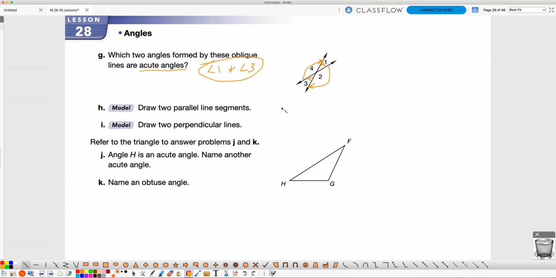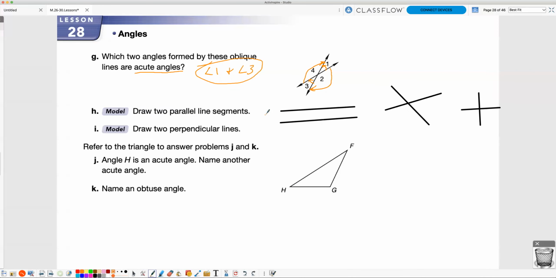And let's say I've got this line segment, and this line segment, and this line segment like that. And then let me label those for you to answer that. So this would be part A of letter H, this would be B of letter H, and this would be C of letter H.